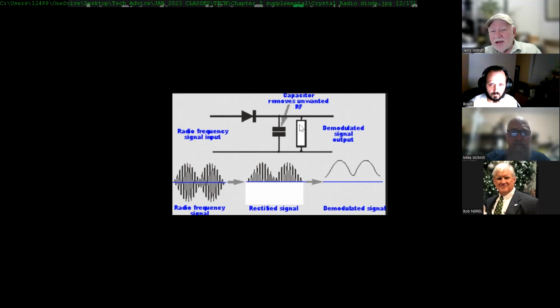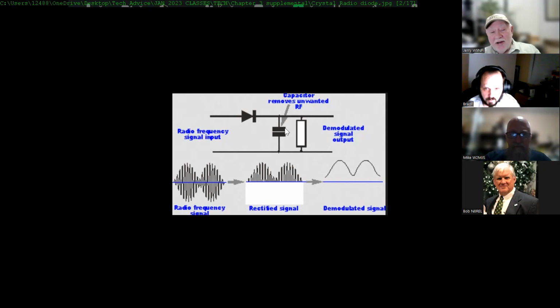Anyone know one of the things that a capacitor does aside from storing electricity? I mentioned it last week. Discharges it fairly rapidly. That's one function, but that's not the function we're talking about in this one. A capacitor will let alternating current pass through.